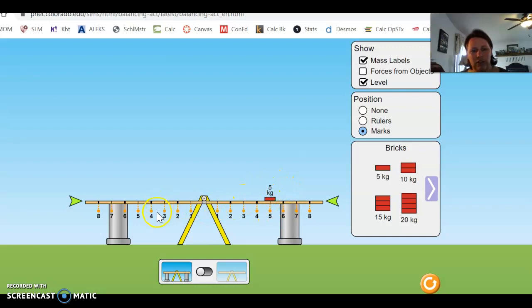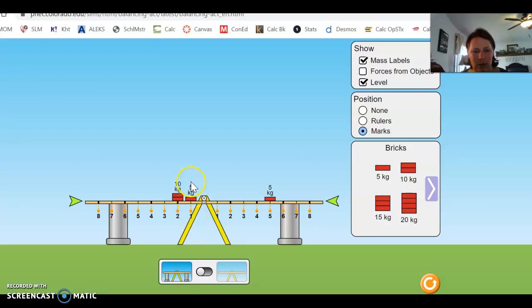So I also need to create a moment of 25 on the opposite side to get that to balance out. I'm going to take a 10 kilogram brick and put it at the position of 2. That's going to give me a moment of 20 on the left-hand side. Then I'm going to take a brick of 5 kilograms and put it at the position of 1.